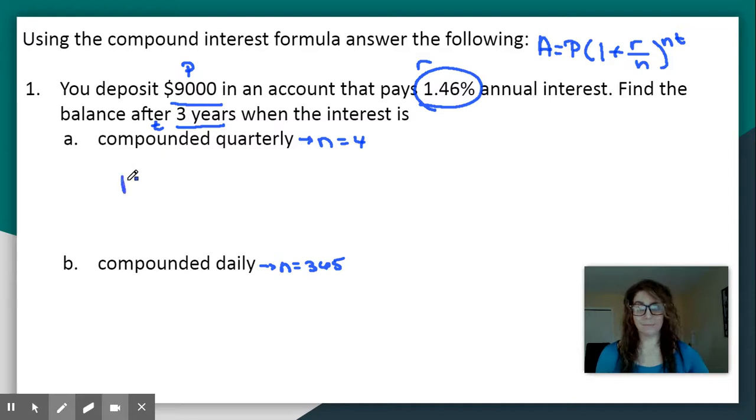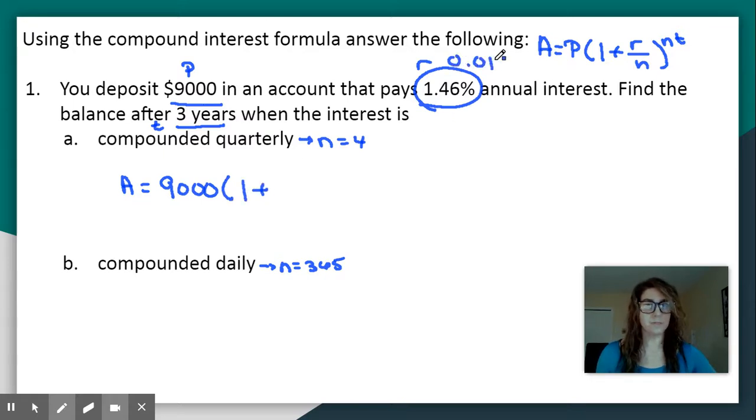We're looking for A. I know P is 9,000. 1 plus rate. So 1.46 is really 0.0146. Move the decimal. All over N, which we said was 4 for the quarterly. And then N times T, so 4 times 3 years.